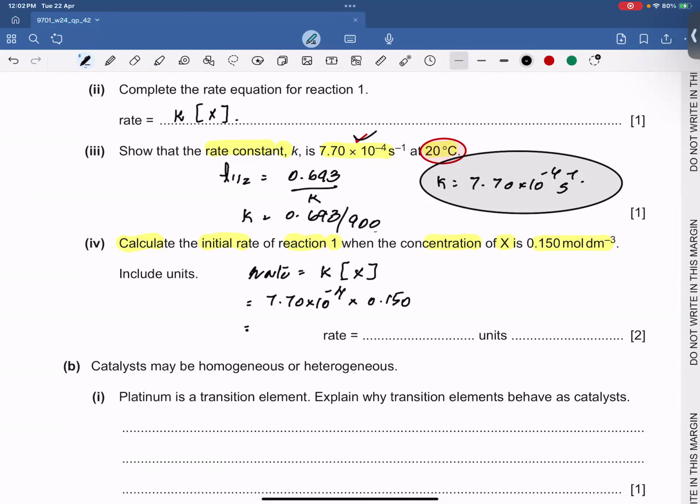So rate is going to be 1.155 into 10 to the power minus 4. All right, so 1.16 into 10 to the power minus 4 mole per dm cube second inverse. That's the unit of rate.